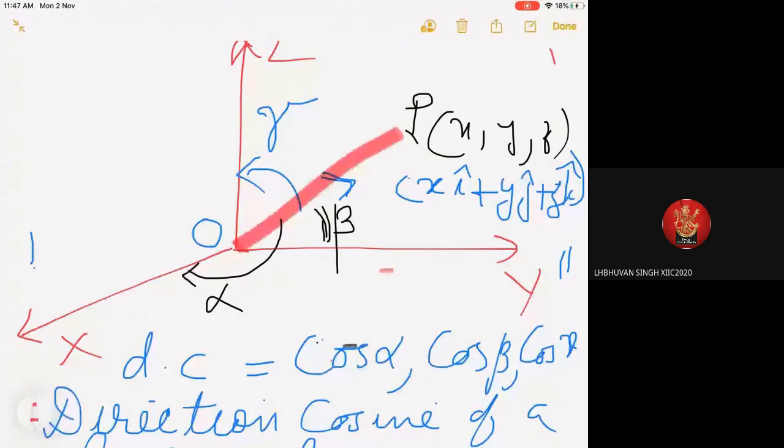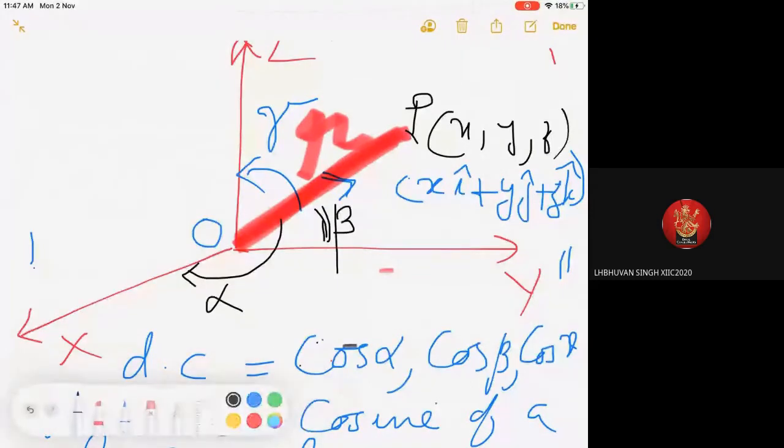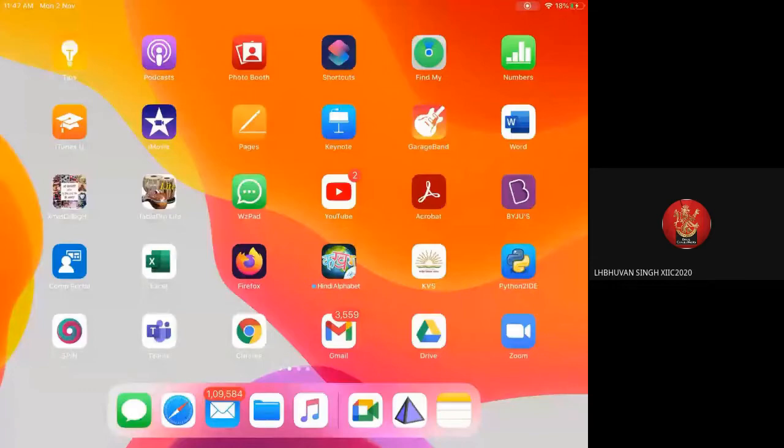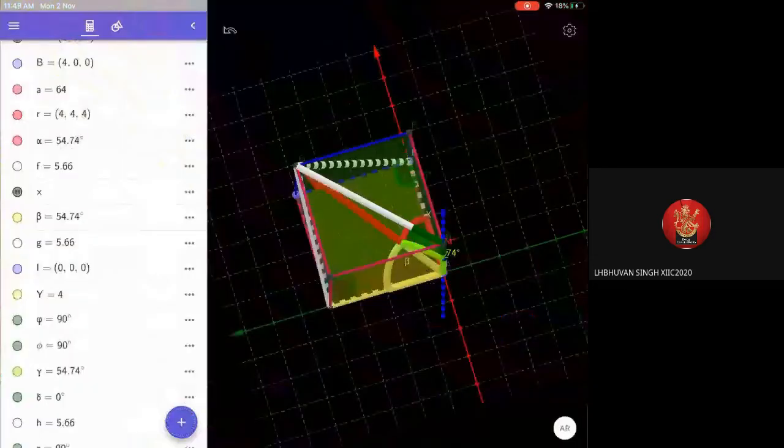We call it r, and r equal to root of x square plus y square plus z square. And also now you visualize this angle as alpha, this angle as beta, and this angle as gamma. Now I will go to the GeoGebra graph. You can just visualize the same thing here also.